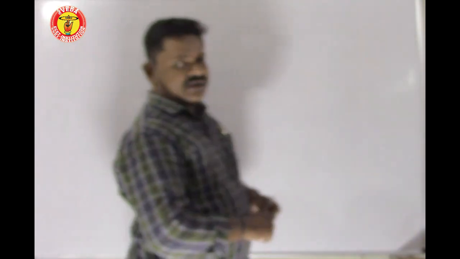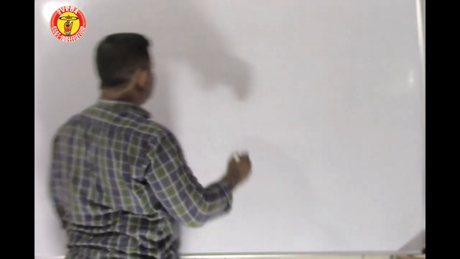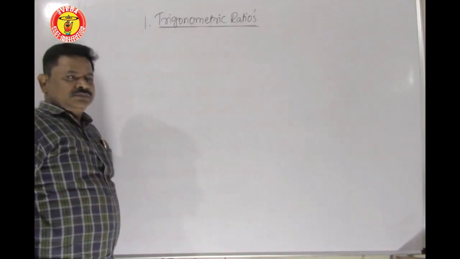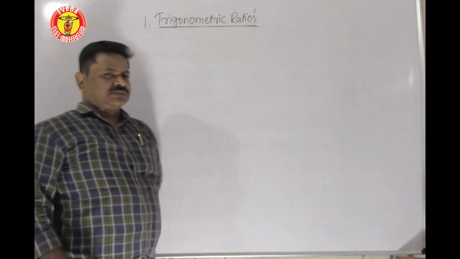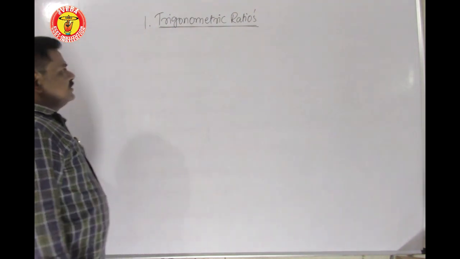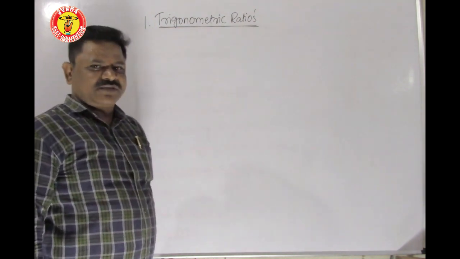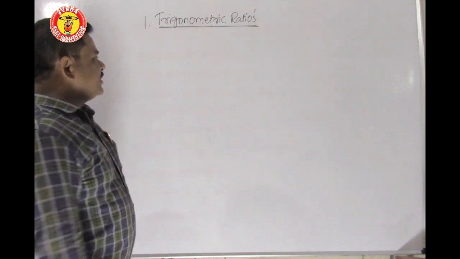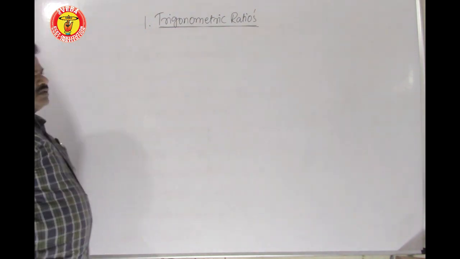We are discussing the first chapter, trigonometric ratios. Especially the basics and the fundamentals of trigonometry start from this chapter only. In this, what are the basics we have?